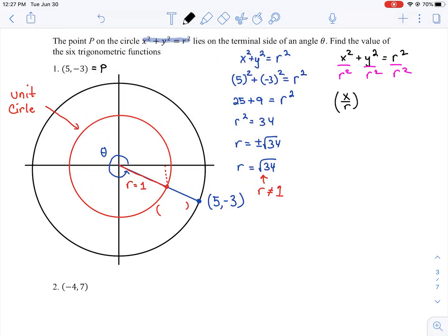So x divided by r squared plus y divided by r squared has to equal 1.